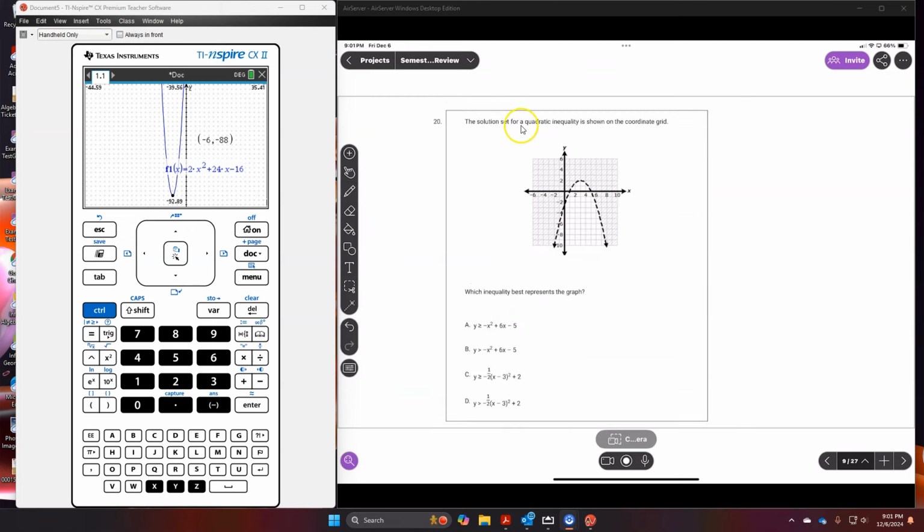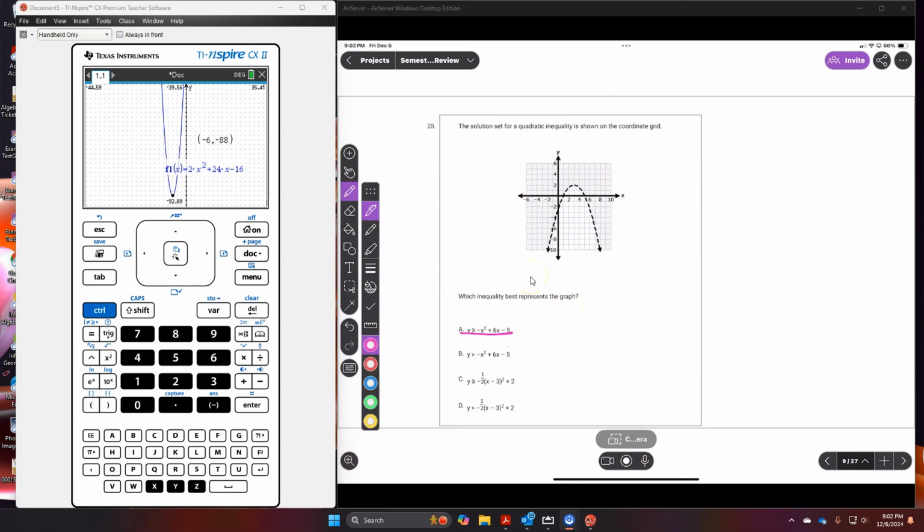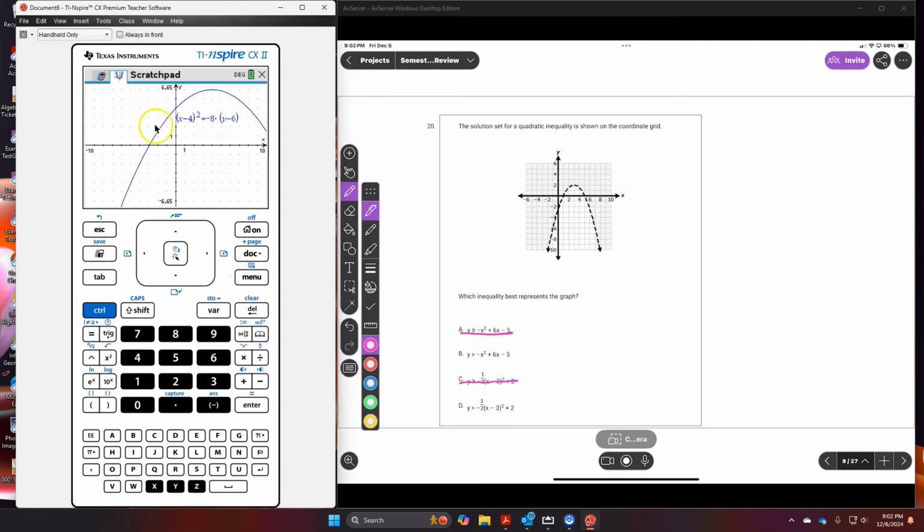The solution set for a quadratic inequality is shown. Which inequality best represents the graph? Now, here you have a broken boundary, so that automatically eliminates A. That also eliminates C. So now it's between B and D. And once again, you can use your calculator, use your graph.